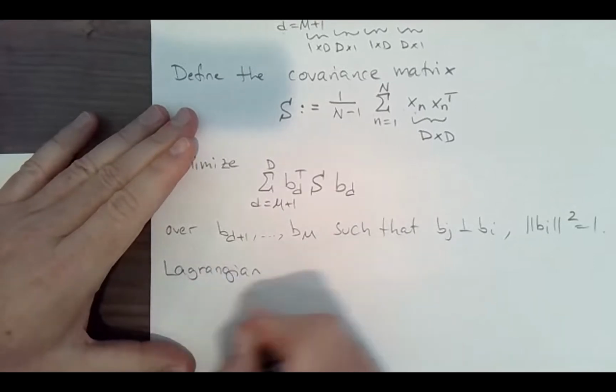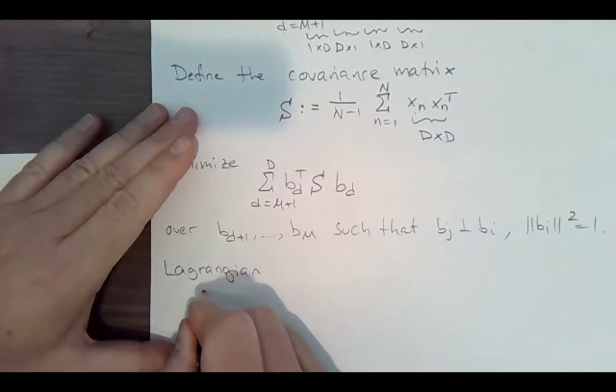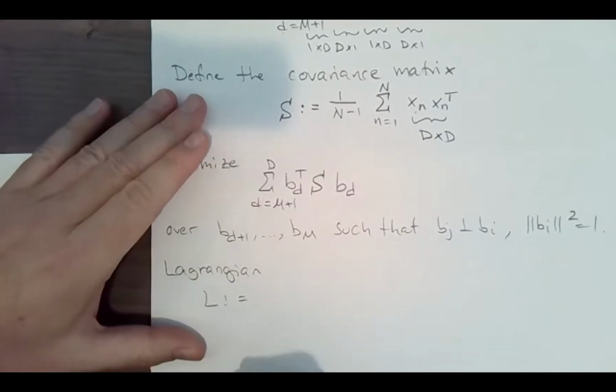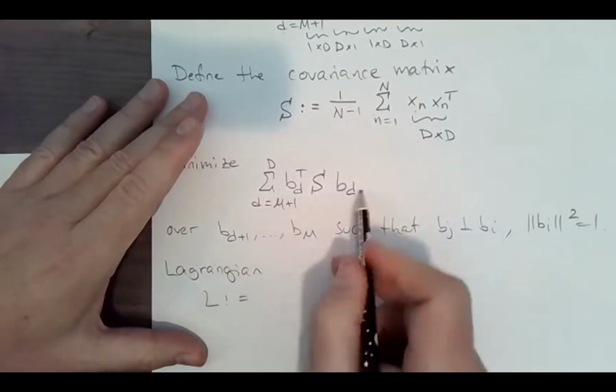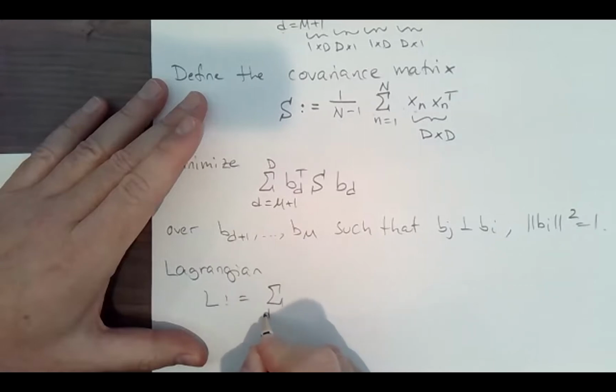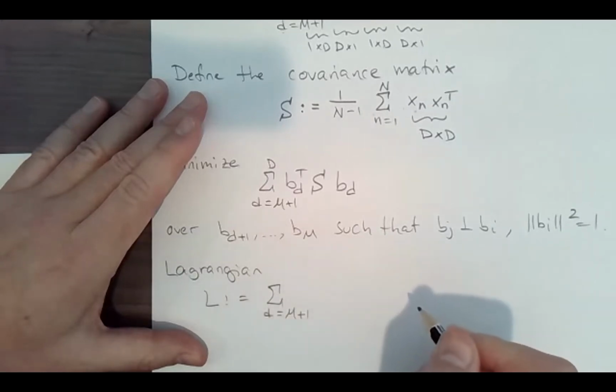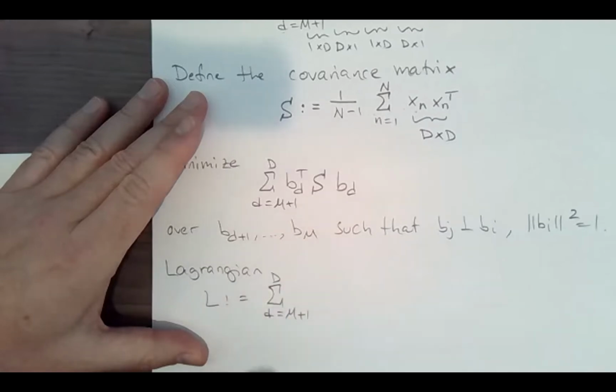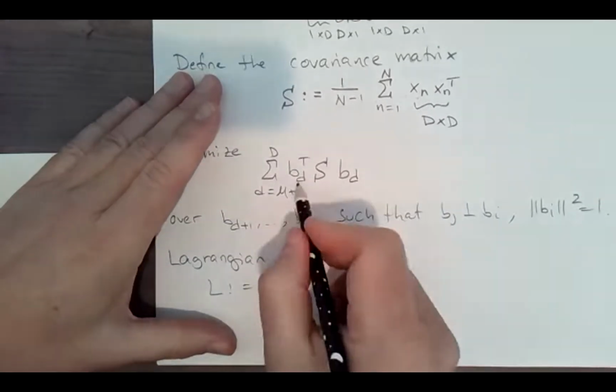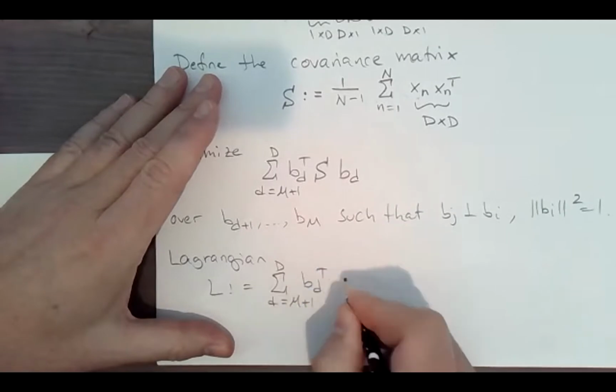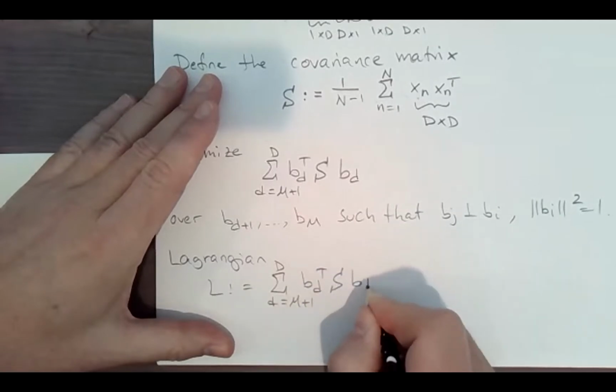The Lagrangian, we call it L. It's the objective, the sum over D of what we had up here, BD transpose S BD.